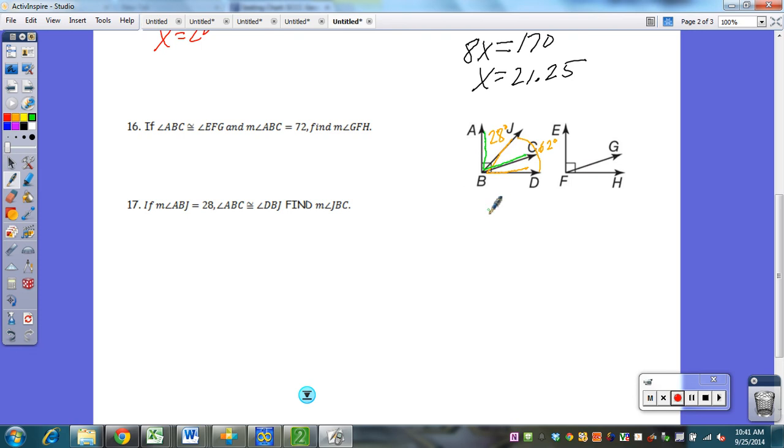Okay, so these two angles are congruent, which means that this angle will also equal 62 degrees. So if I want to find out what the angle measure is in the middle here, then I'm going to take 62, which is the total angle measure here for ABC, subtract what I know, which is 28 degrees, and that's going to give me 34. Because 62 minus 28 gives me 34. Okay?